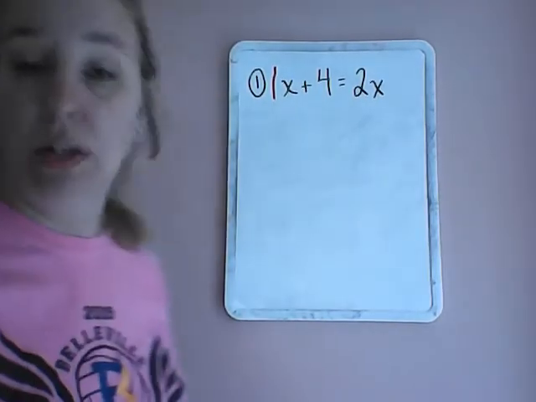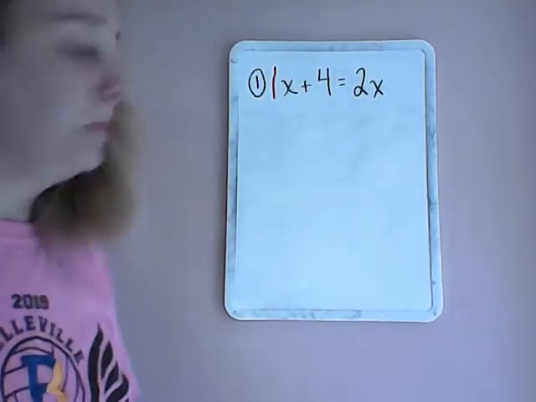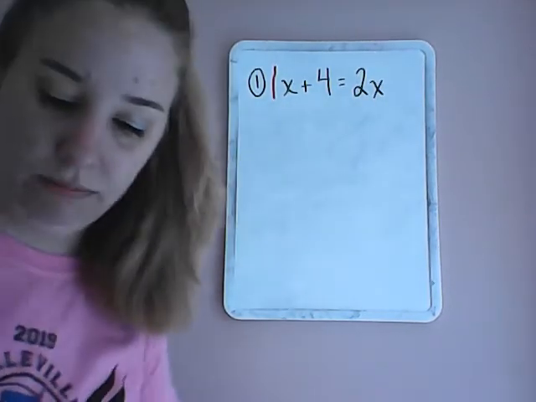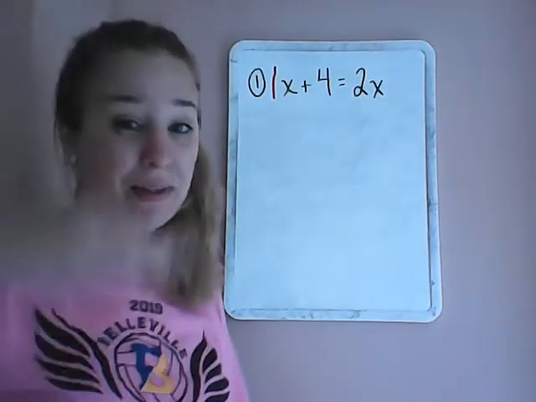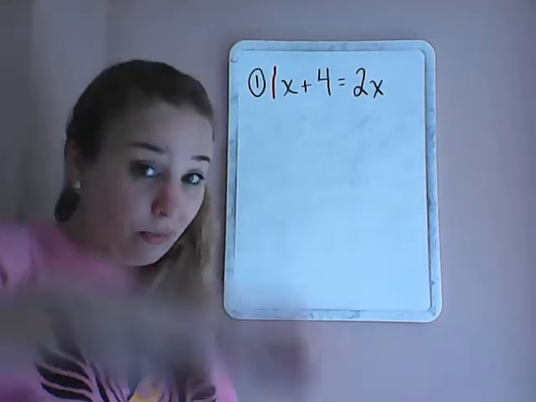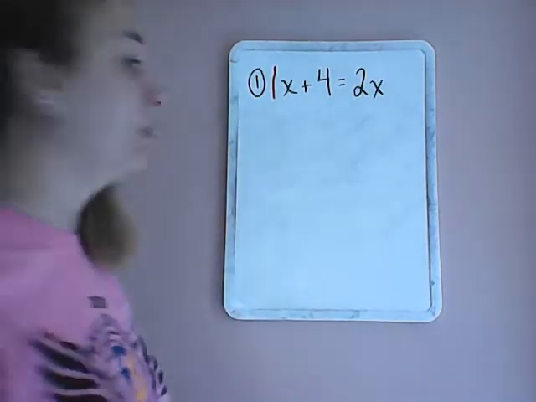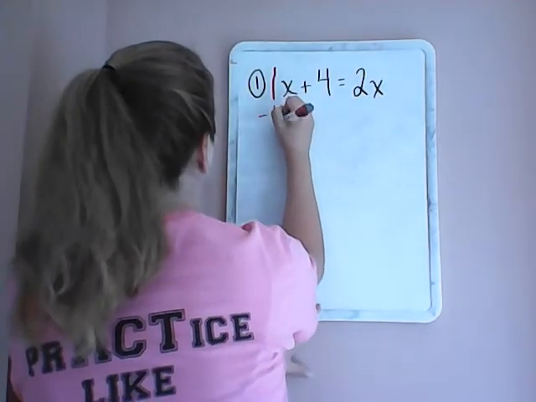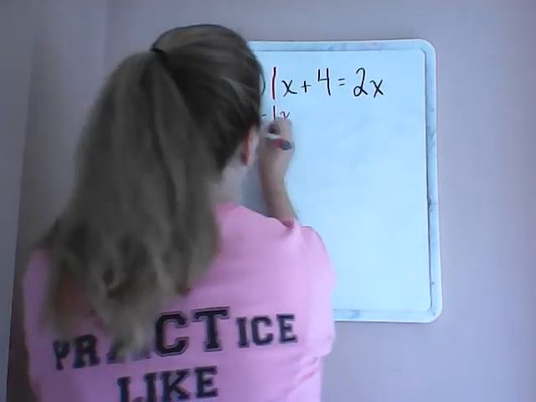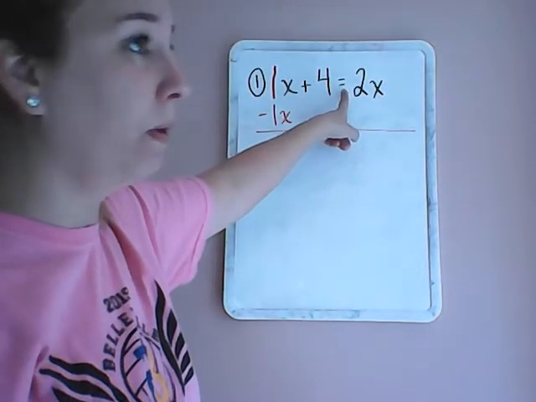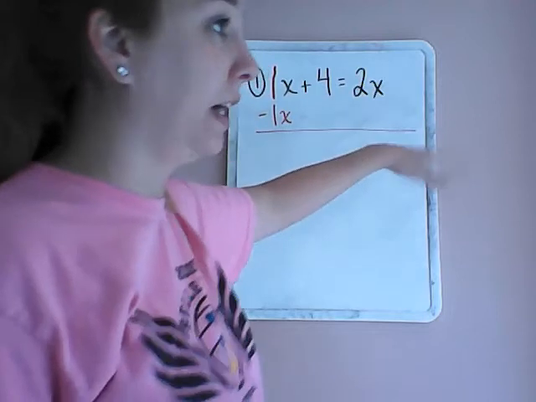So let's say you are wanting to get this one over here because, you know, that's what you wanted to do, right? It's a positive 1x. So we're going to subtract that 1x off, right? So minus 1x over here. And so in order to keep things balanced or equal, we have to do it to the other side of the equal sign too.